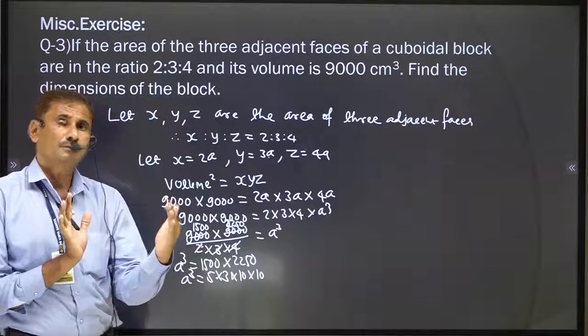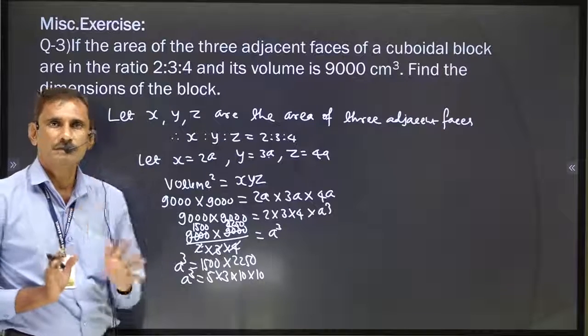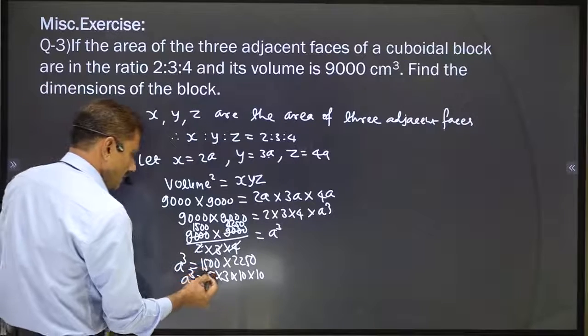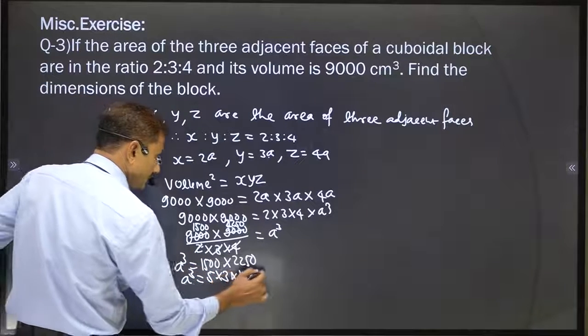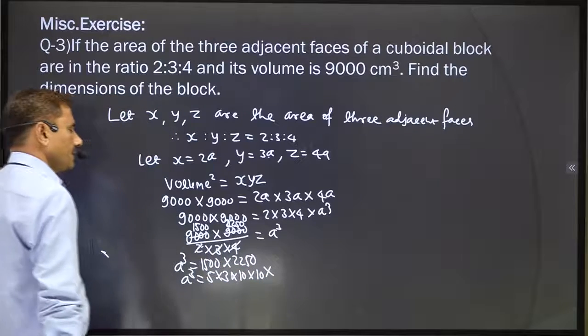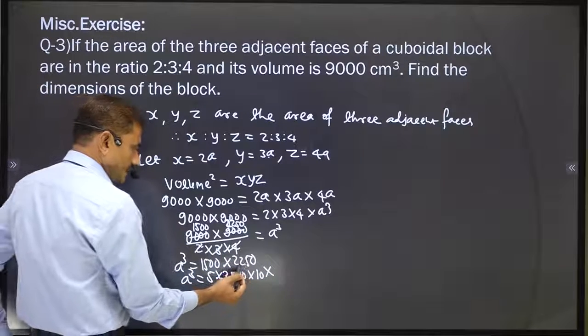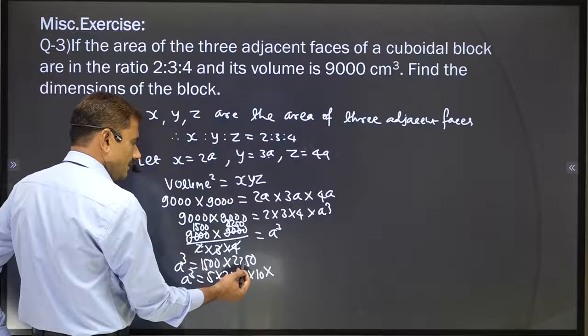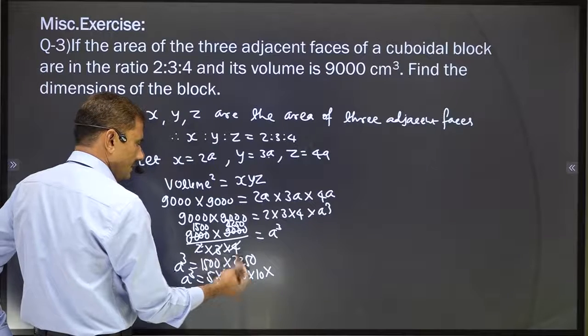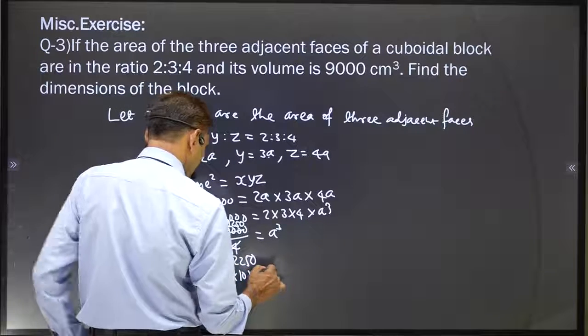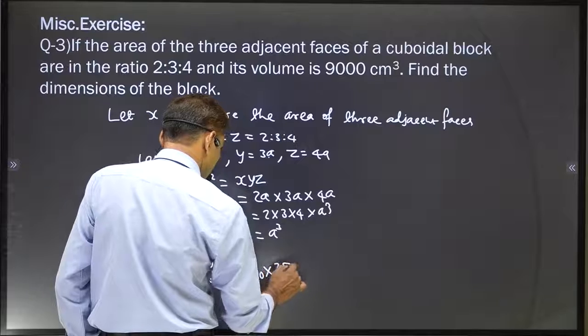After getting groups of 3 numbers, you can find the root. So I am doing prime factorization here, and here it is 25 nines, 25 into 9, and then into 10.